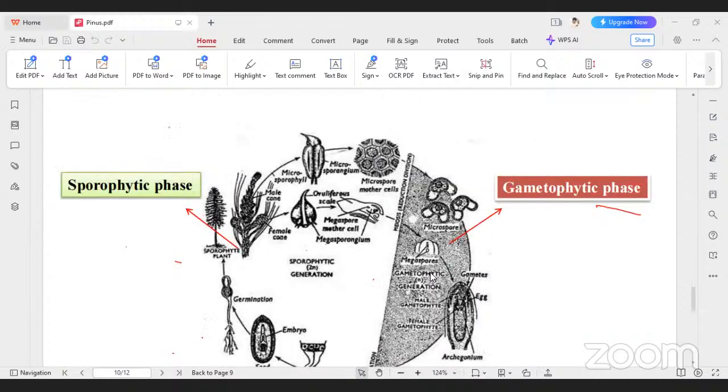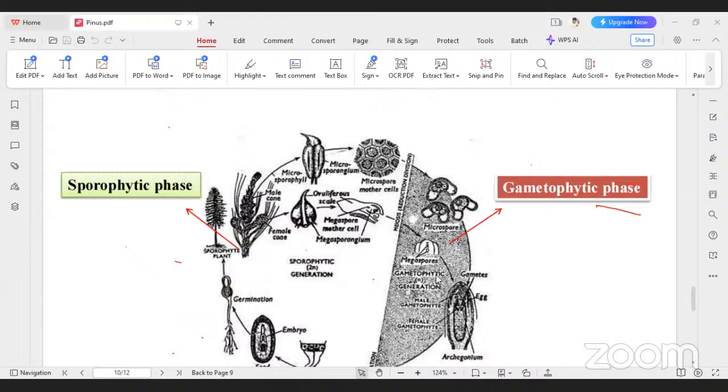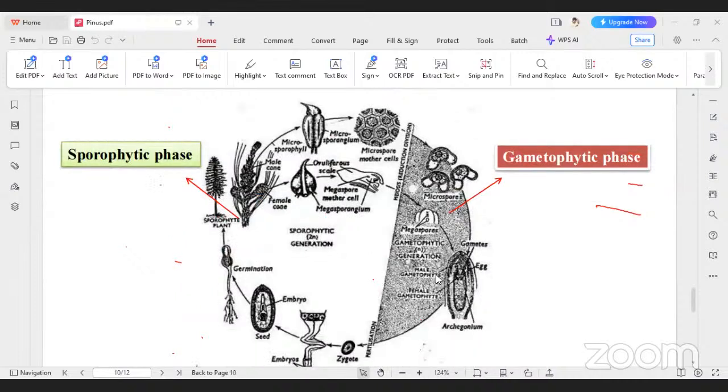So that is alternation of generations. This life cycle is important. Alternation of generations means, for example, this is the sporophytic plant body.